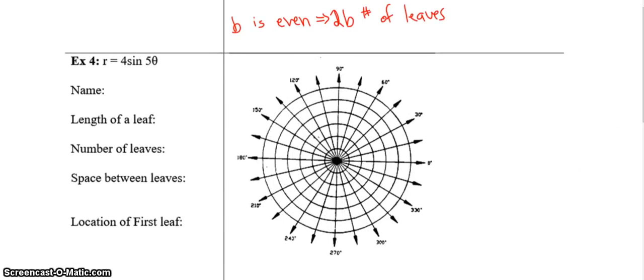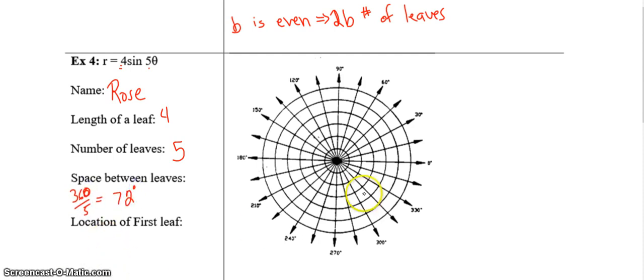One more time, one more walkthrough. Again, it's a rose. No addition, subtraction, other than 1 theta, it's not 1 theta, it's 5 theta. Length, number of leaves, odd or even. Space, so 360 divided by 5.